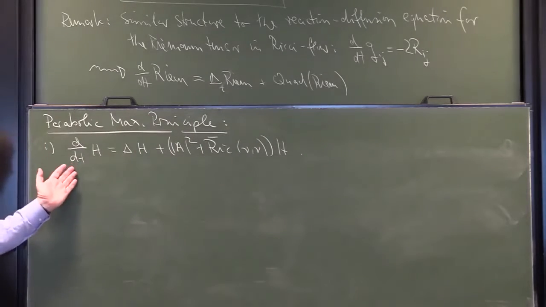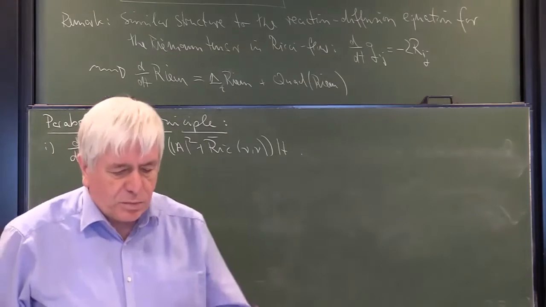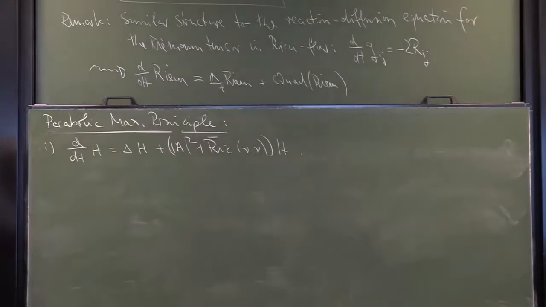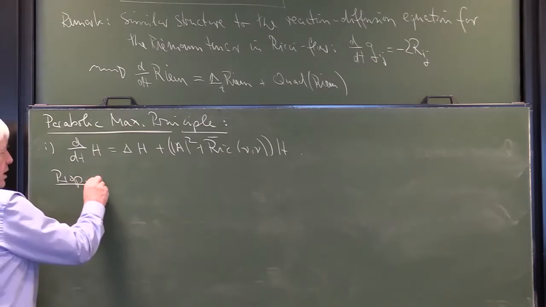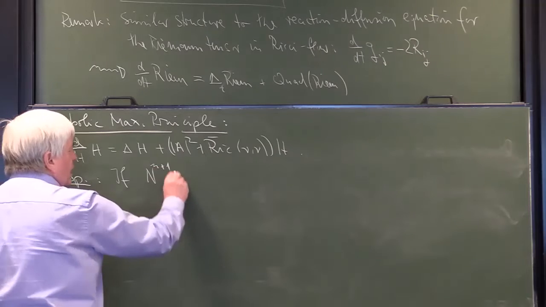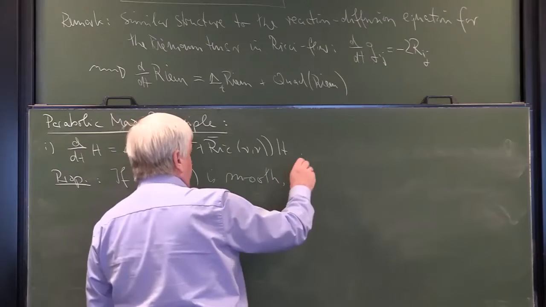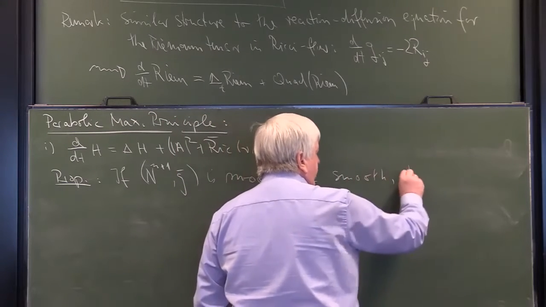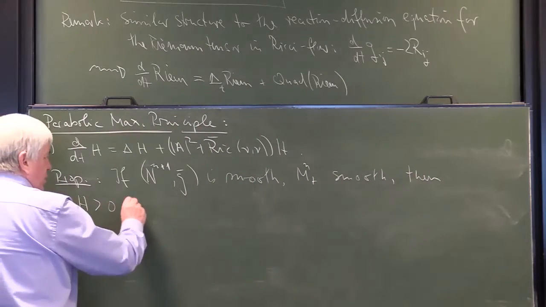And this immediately implies, because H is a factor here, that on a compact smooth manifold, if the mean curvature has a sign, it will always maintain that same sign under the flow. So proposition: if the ambient manifold is smooth and M_t is also smooth, then positive mean curvature is preserved.